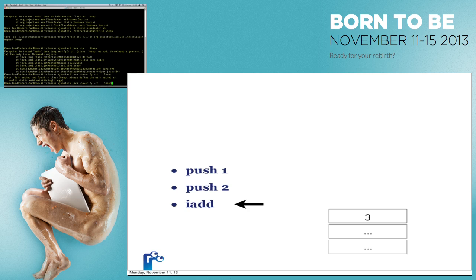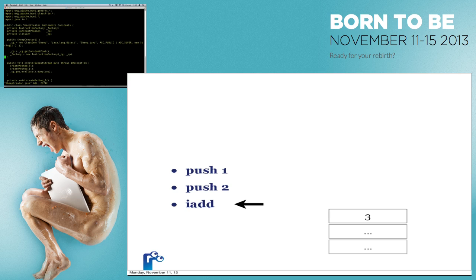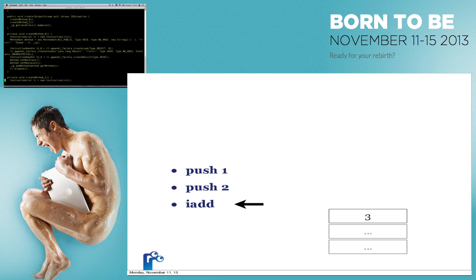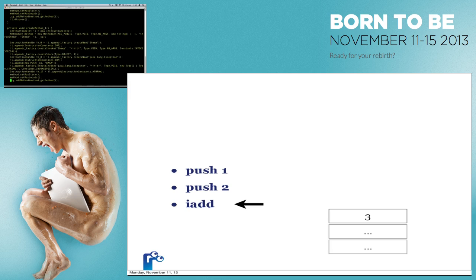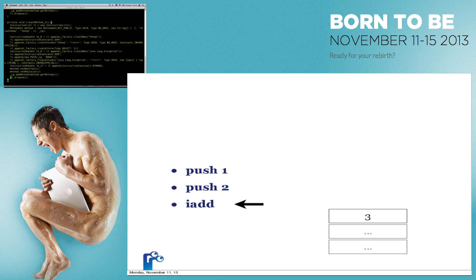How's about that? So we can reuse this sheep creator.java. And again, it doesn't have a main method, so it can only show you that it passes verification, which means it'll run. Actually, I don't have to do anything.